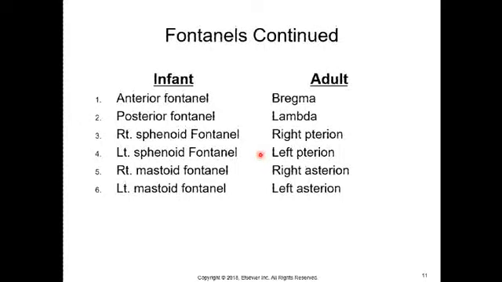Make sure that you know the spelling. Some of these words are very difficult, and also make sure that you know right from left. If it's marked by a marker, you are responsible for giving me the side. Okay? Just a little disclaimer there. And then back to this, your right mastoid turns into your right asterion, and your left mastoid turns into your left asterion. Again, these are tough to remember to spell, so please, please practice that.